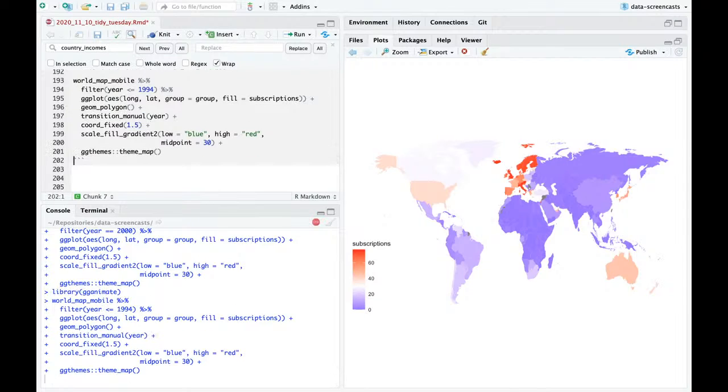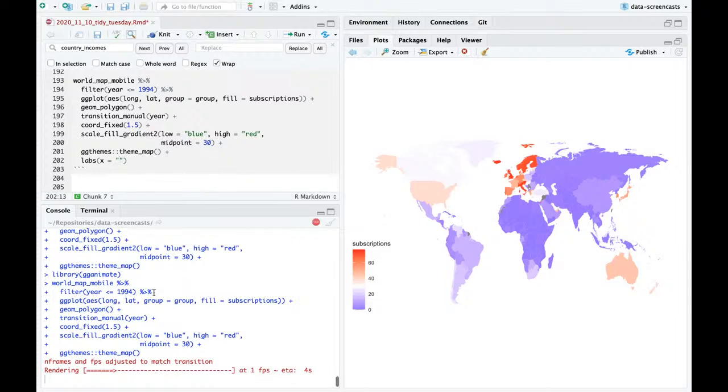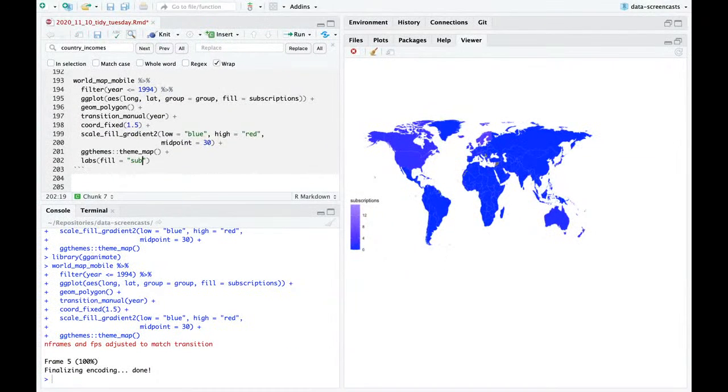Let's get only the first 5 years. While I'm waiting for it, it's taking a second. That's not very impressive because it's only a couple of years.